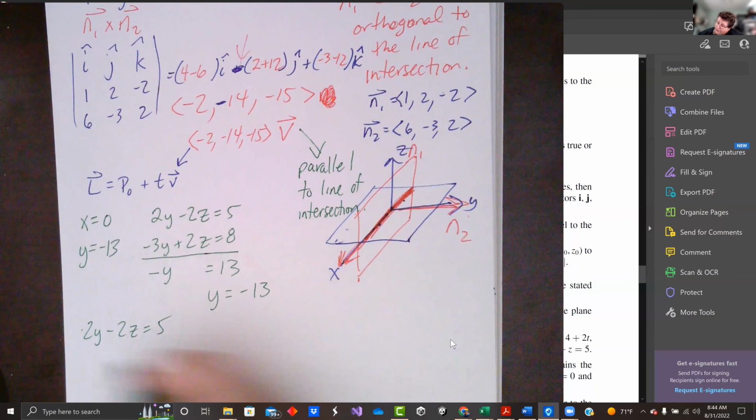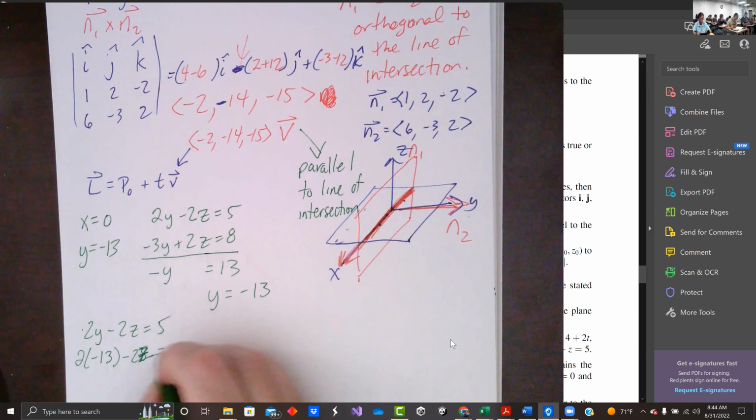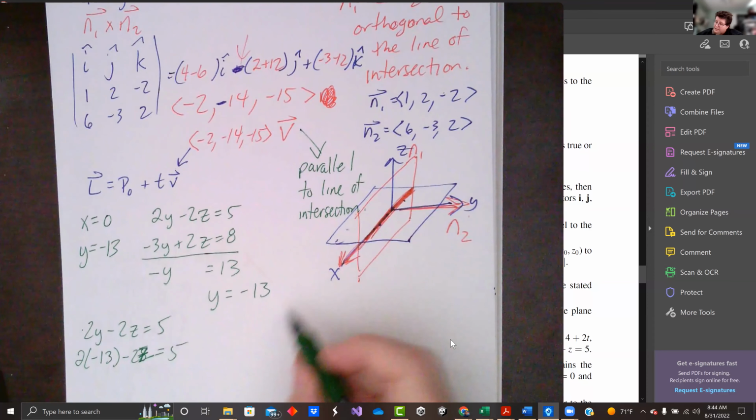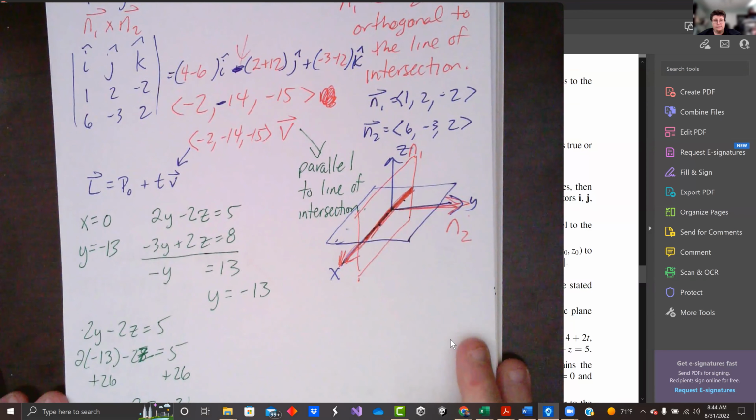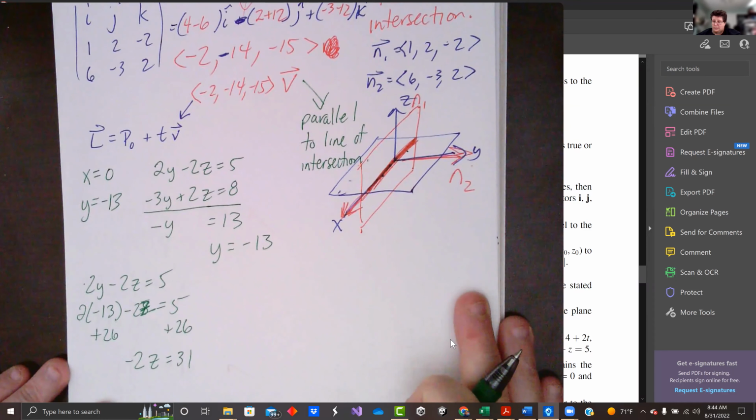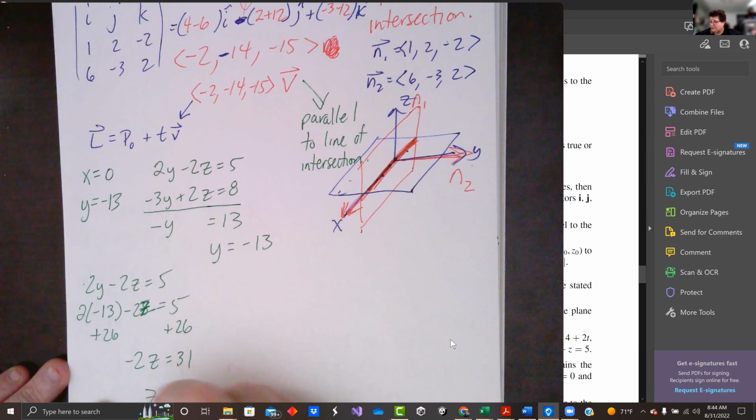I'll plug in the -13. So this is -26. I'll add 26 to both sides. I get -2z equals 31, so z equals -31 over 2.